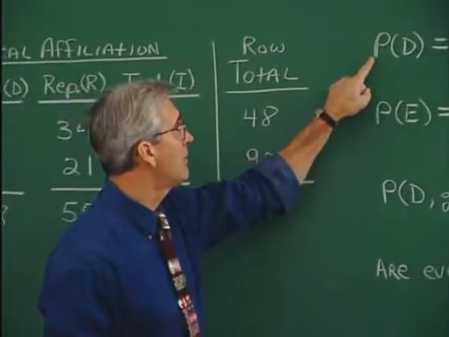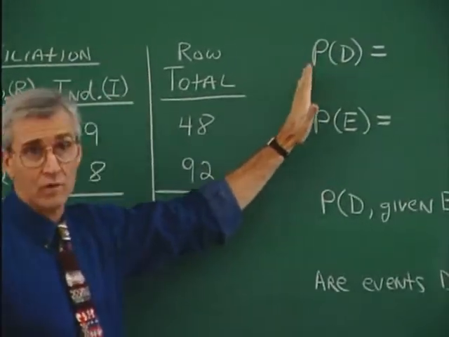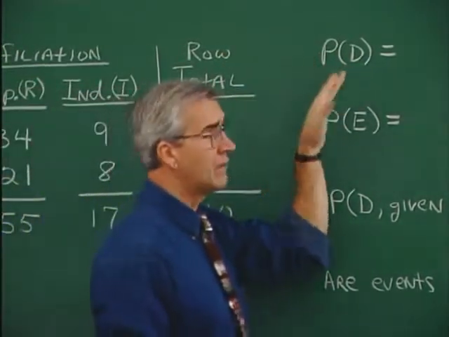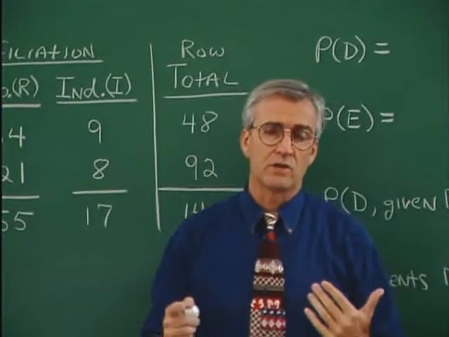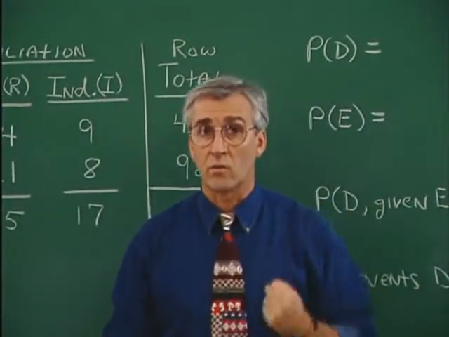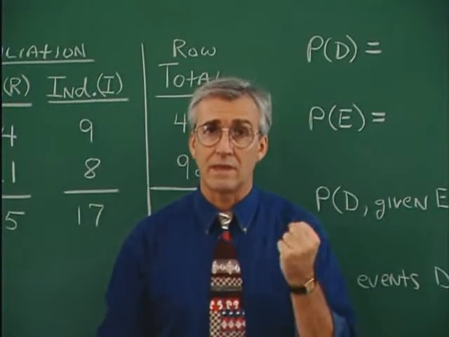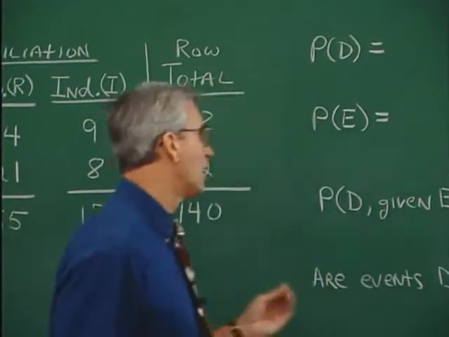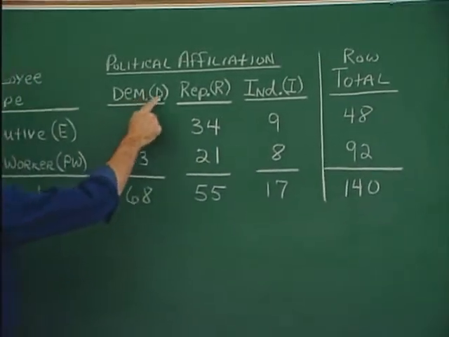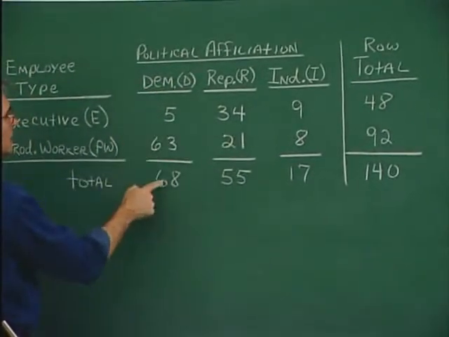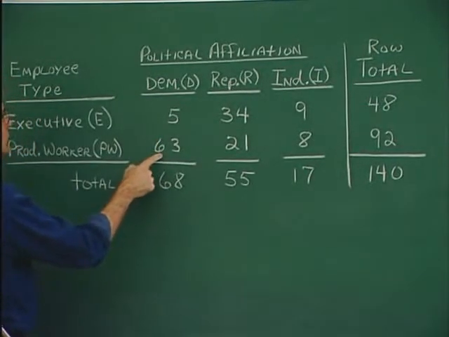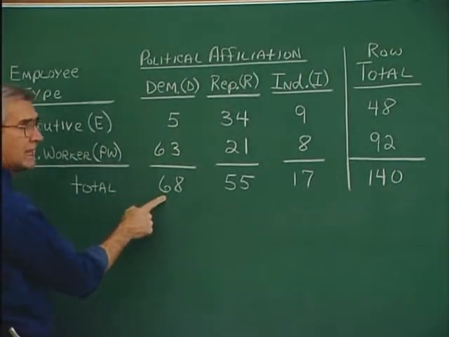First question: probability of D, Democrat. When we say probability of D, we're assuming that an employee in this company is chosen at random. What is the probability that that person will be a Democrat? These folks in this column are Democrats. We have 5 executives and 63 production workers that are Democrats, for a total of 68.